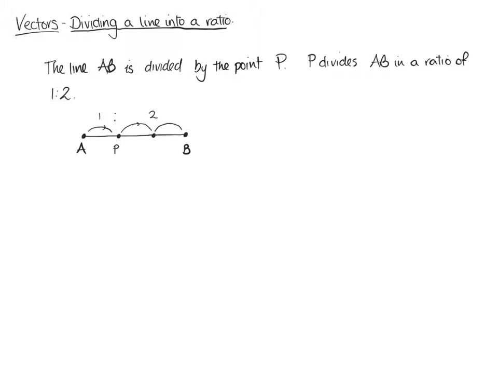So if we had a ratio of 3 to 5, instead of a ratio of 1 to 2, we can call that part A and this part B, 3 to 5. A and B, we've still got, but this time instead of having 3 parts to our line, which we got from our 1 plus 2, we've got 8 bits of our line because we've got 3 plus 5.